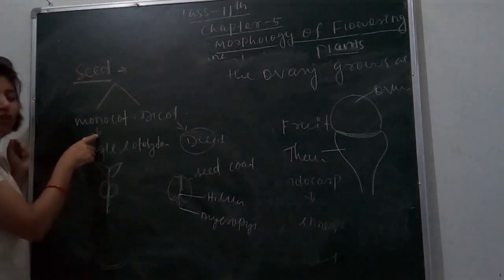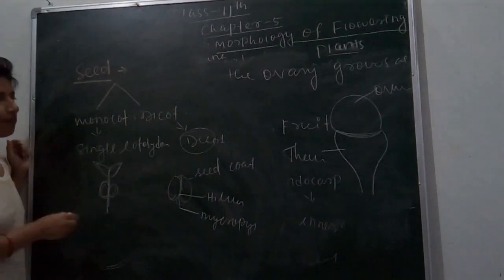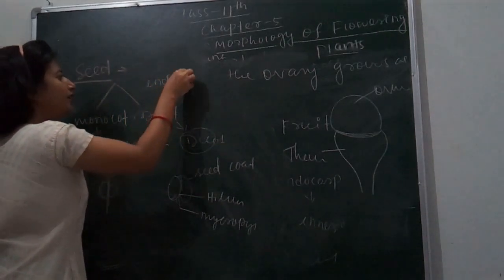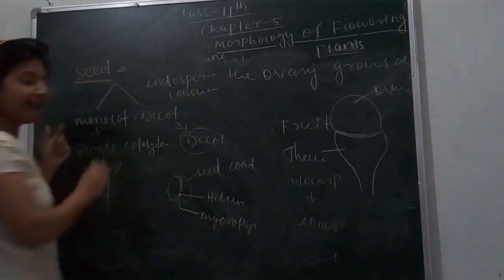So here, on the basis of endosperm consumption, they are again divided into two types. One is endospermous and another is non-endospermous.